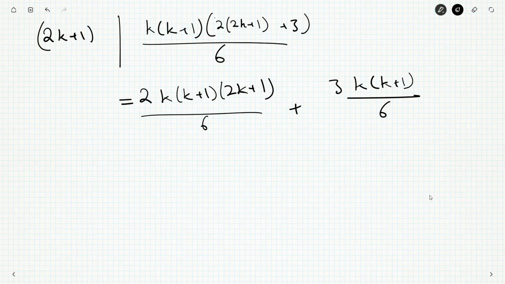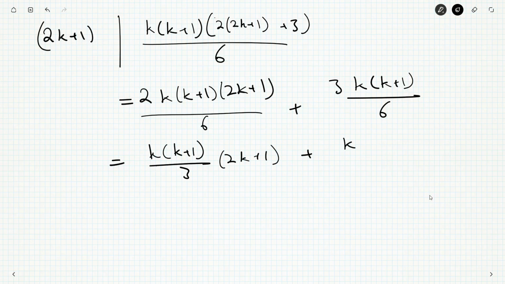Well, hold on. Let's say, I'll simplify this to k times k plus 1 all over 3 times 2k plus 1, plus k times k plus 1 all over 2.